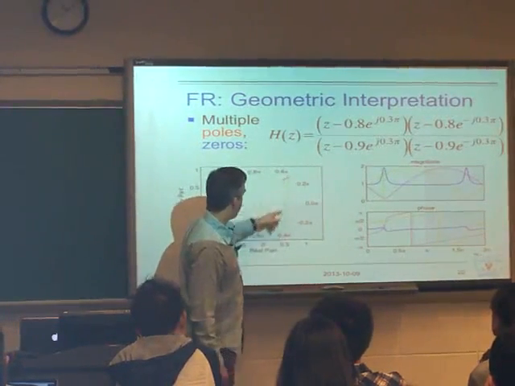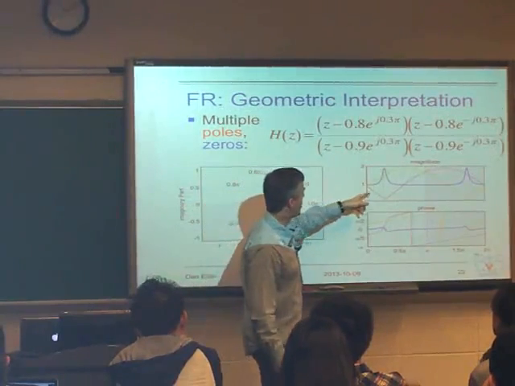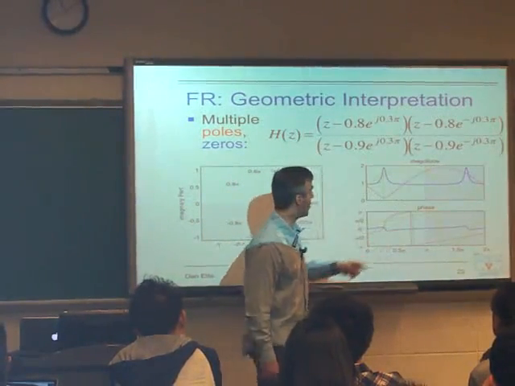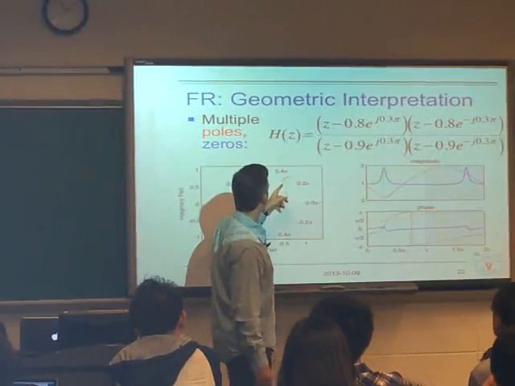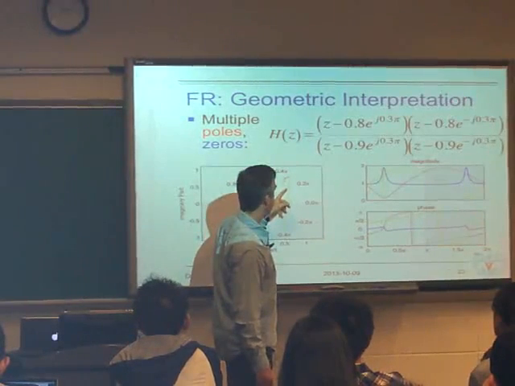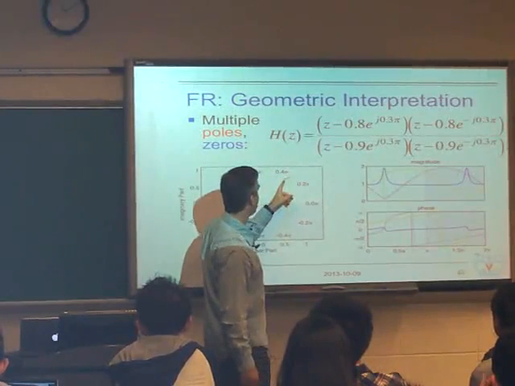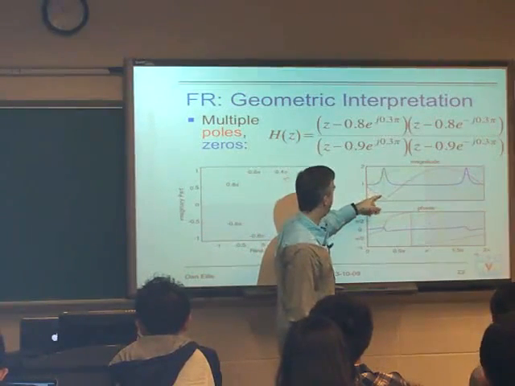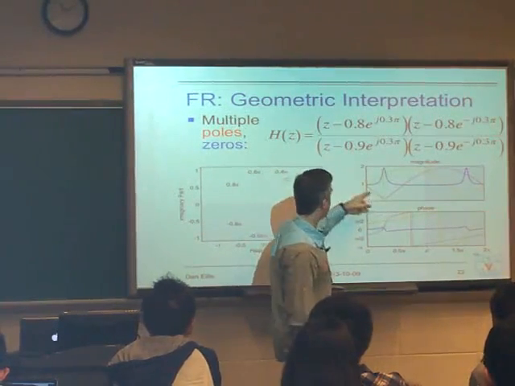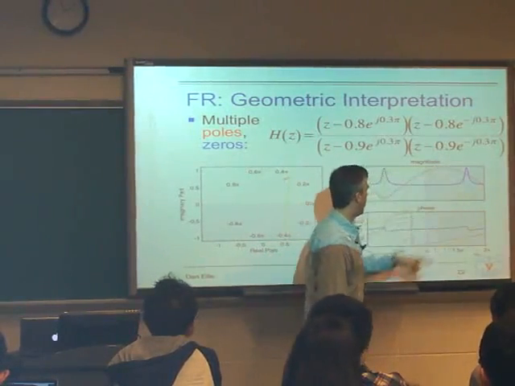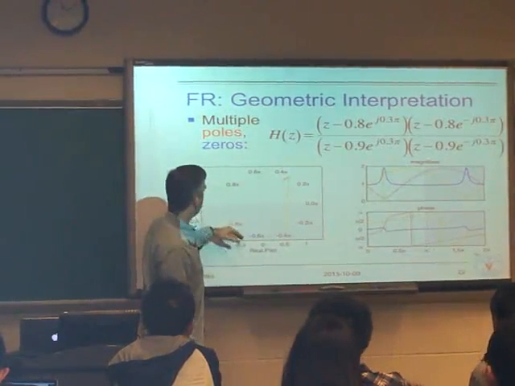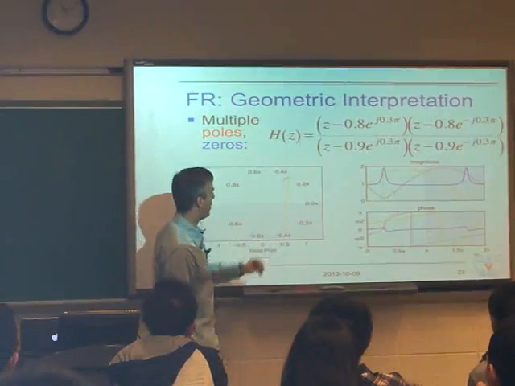So now we've got these 4 colors here, and each one of them contributes one of these pieces to the magnitude response. Here's the blue line, which is this line here. It's a 0, so it has a dip here, and then a slow, soft maximum over here that goes down.